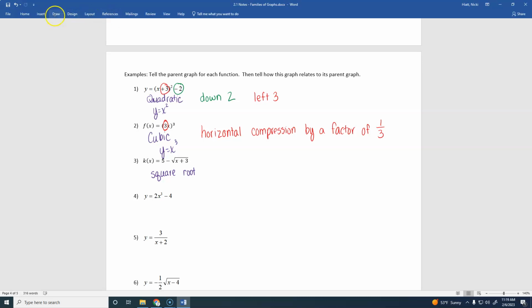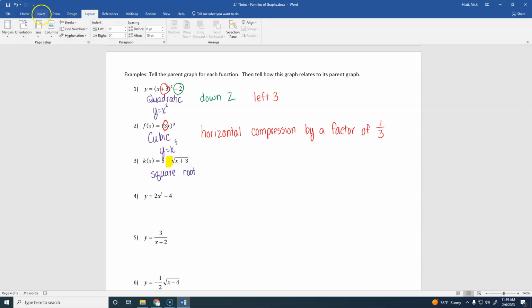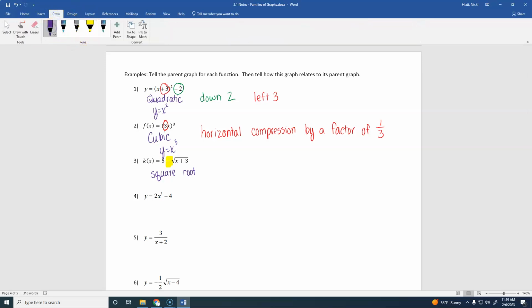Very good. So this negative right here that's in front of that is going to flip this upside down. So reflected over the x-axis.